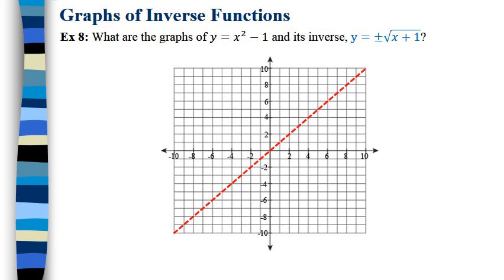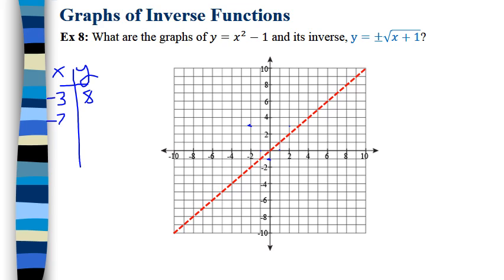So what if we were to graph those? If we graph x squared minus 1, that's a quadratic shifted down 1. If you made a quick XY table: if we put in -3, we get out 8.